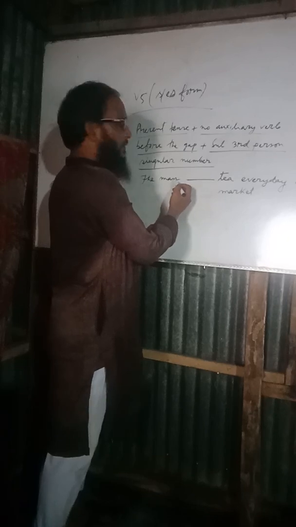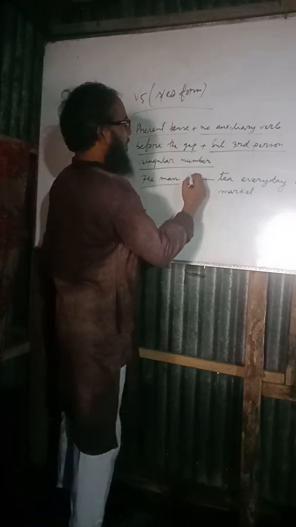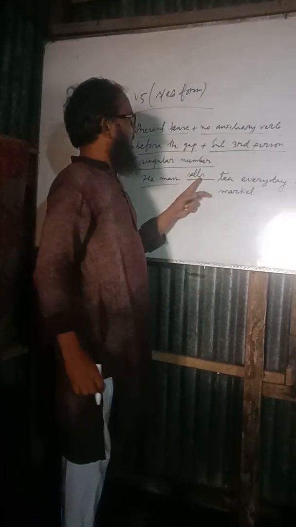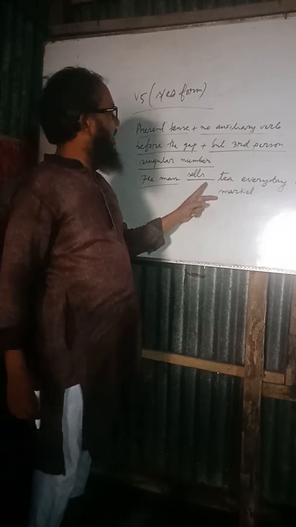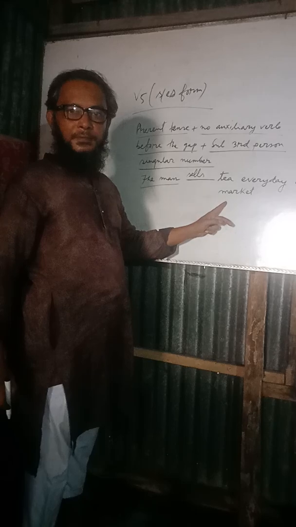Where the sentence is in the present form and no auxiliary verb before the gap and the subject is third person singular. So you should put S or ES after the verb. The man sells tea every day in the market.